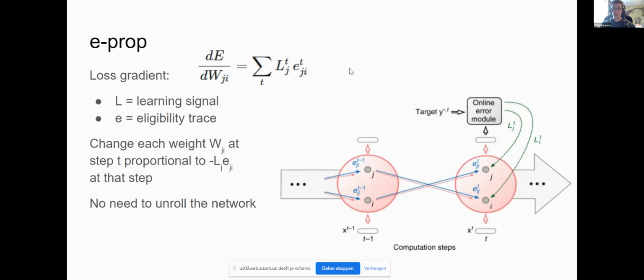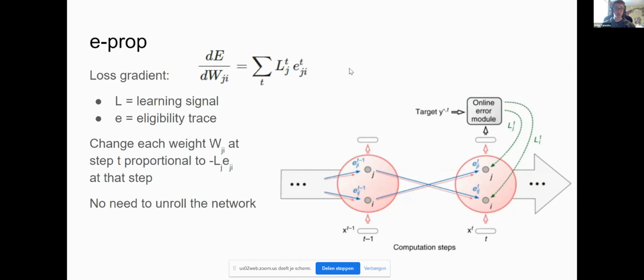And that is computed by combining the learning signal and the eligibility trace at a certain time point. So for each time point, we have the eligibility trace for that synapse, as we can see in the picture here with the blue arrows. And then at the time point, we also get some feedback, which are the learning signals, and those are combined to change the weights at that time step.